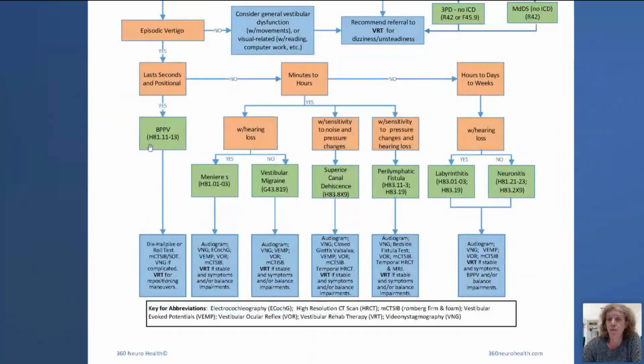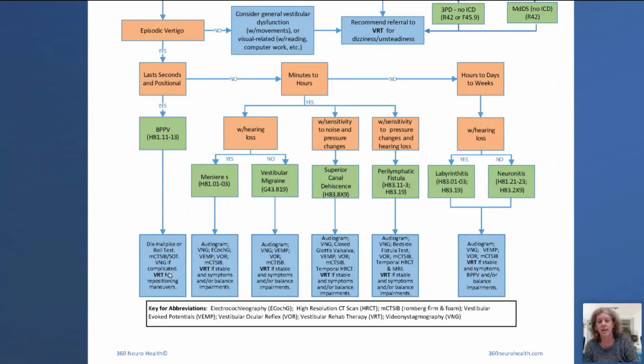So there are different diagnosis codes for the different types of BPPV. H81.11, we have right, we have left, and we have both. And here what we're thinking is doing a Dix-Hallpike and a roll test. But not just that. When we suspect BPPV, we also want to be testing someone's balance.